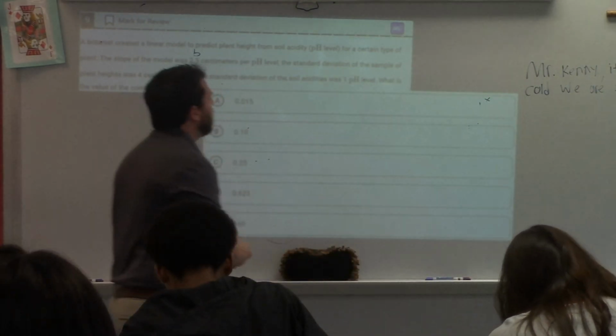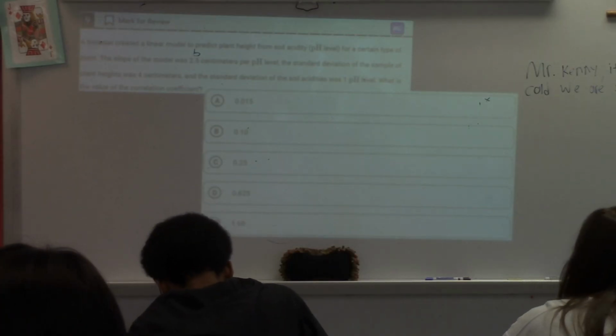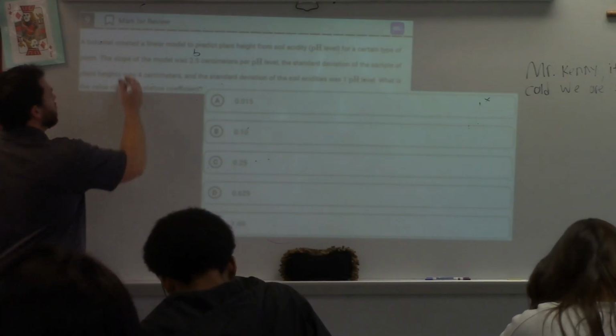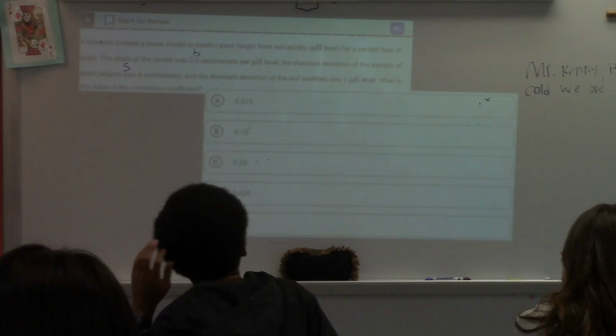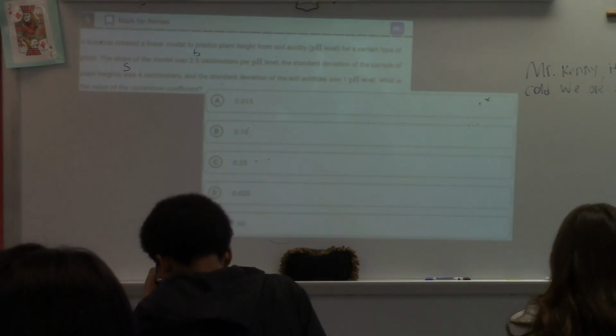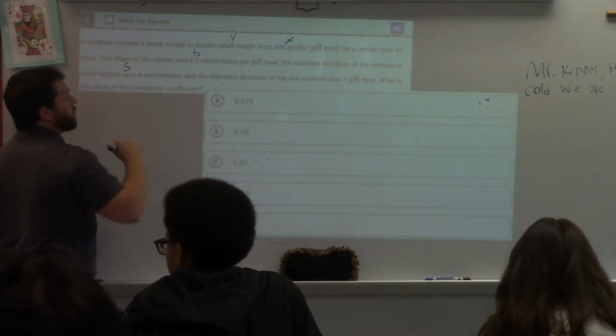German, right? Yeah. So there's my slope. Standard deviation of the sample of plant heights. So that's a standard deviation, but which standard deviation is that? That's the standard deviation of y, right? We're predicting plant height from soil acidity, so explanatory and response.